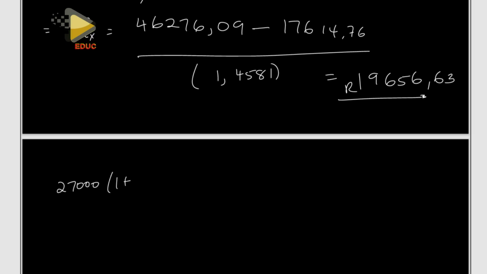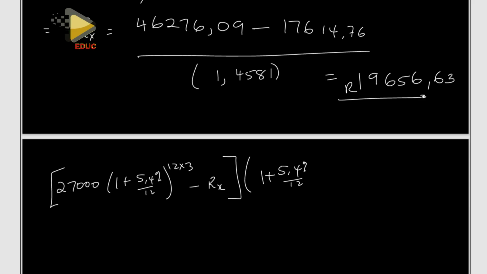It first grows for the first 3 years at 5.4%, and then the answer we get, we subtract the Rx, and then the whole balance now grows for the remaining 12 by 7. After that we have the 17,614.76. Let's confirm this and see if we're going to get the same thing.